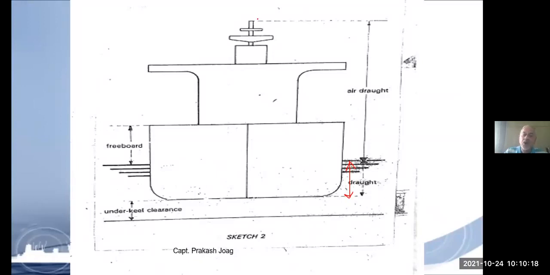Then from here to here, from the topmost part of the ship till the keel of the ship, this is the total height of the ship, meaning how high the ship is when the ship is built.